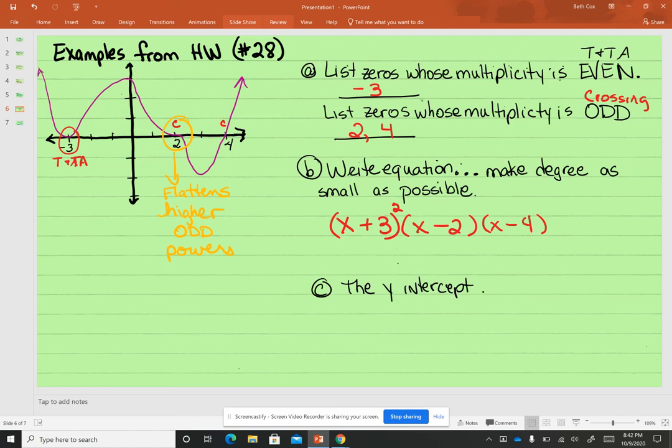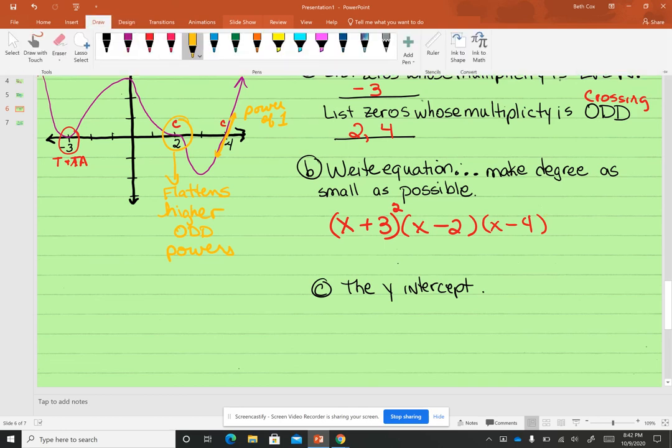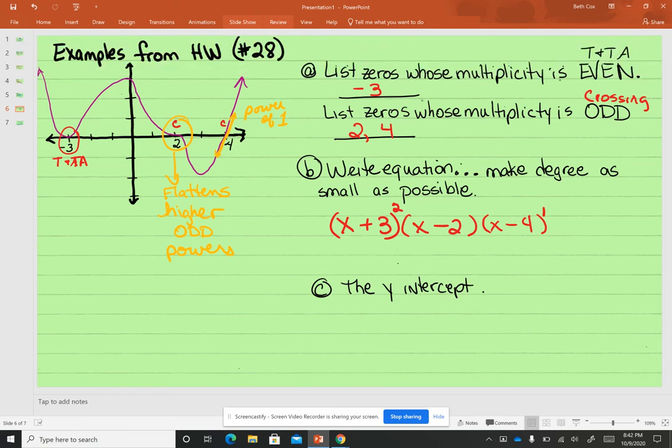Now, this one just goes straight through. This is going to be a power of 1. So there's going to be a power of 1 on the x minus 4. But for the 2, since it's got this little flattening going on, the next higher odd power is going to be 3. We're going to make that one a 3, because of the flattening.